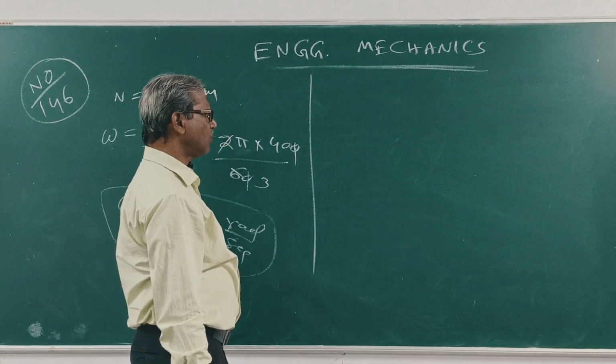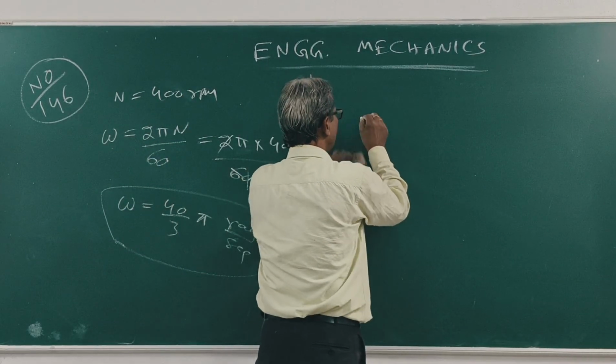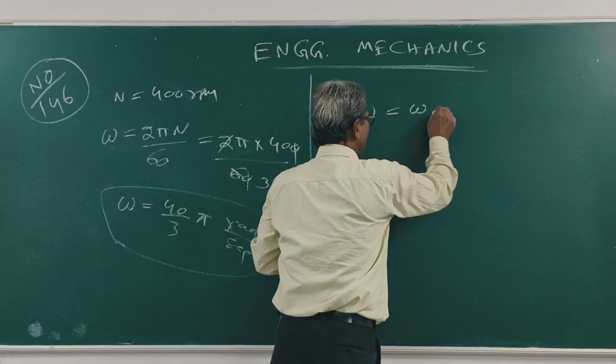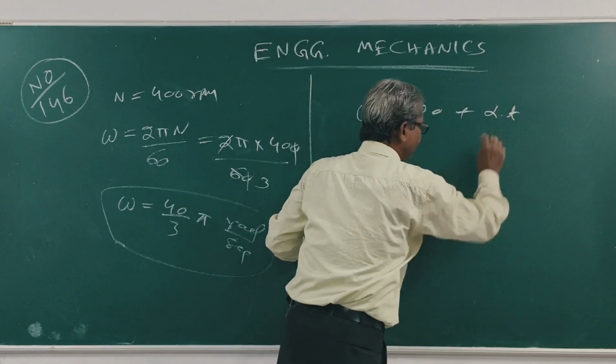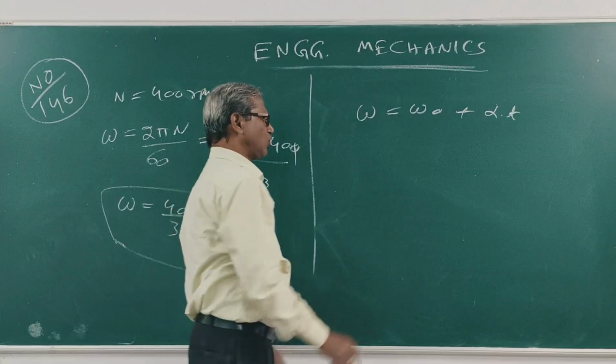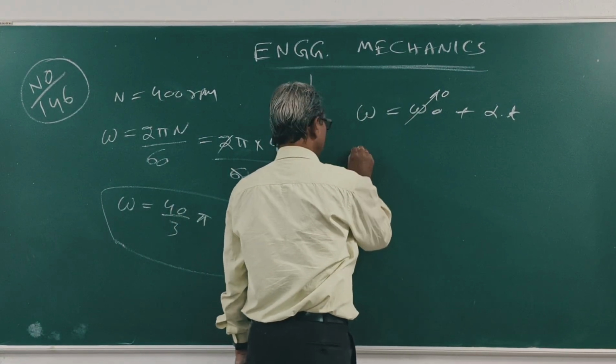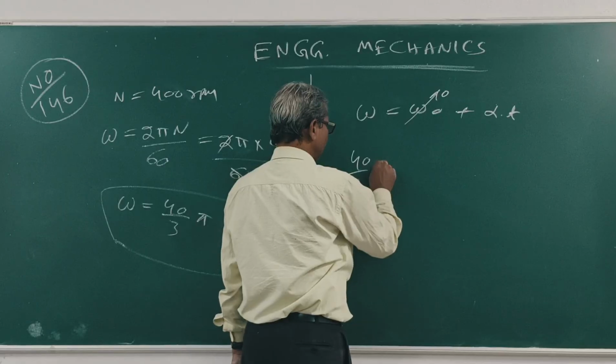Now, omega is equal to omega 0 plus alpha t. Clear? Omega 0 is 0. So omega, which is 40 by 3 pi, is equal to alpha into t.